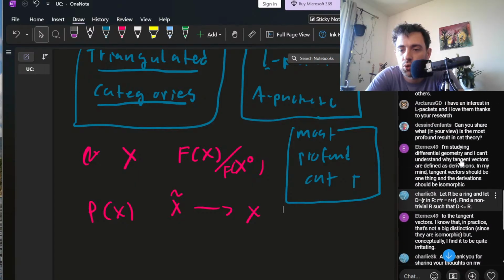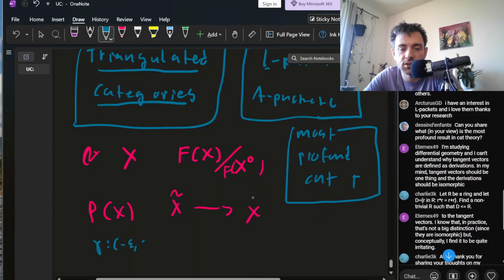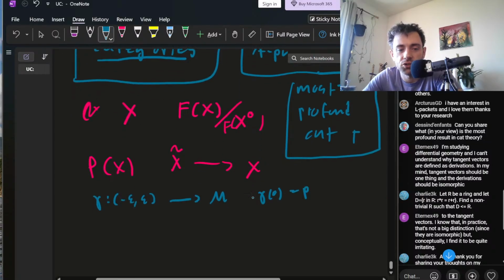There's like 20, I may be exaggerating, but there's like 20 equivalent definitions of tangent vectors, and derivations is just one of them. You might prefer the one that says it's all paths through M whose evaluation at 0 is the point P, and then actually it's the span of the derivatives of those paths. That's maybe more in line with what you actually think of as a tangent vector, right?